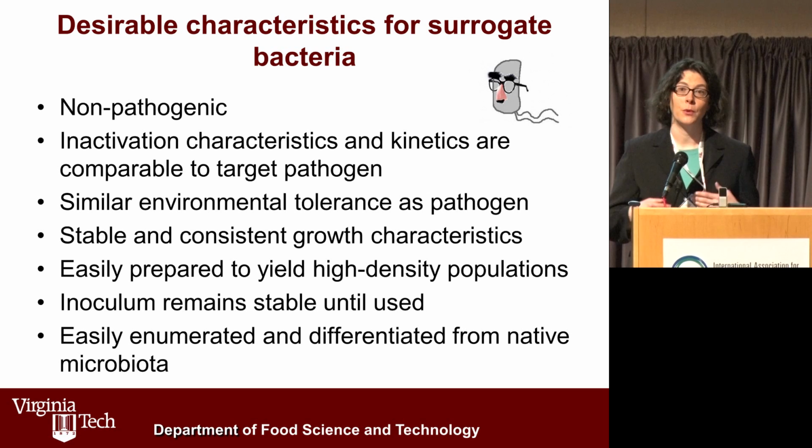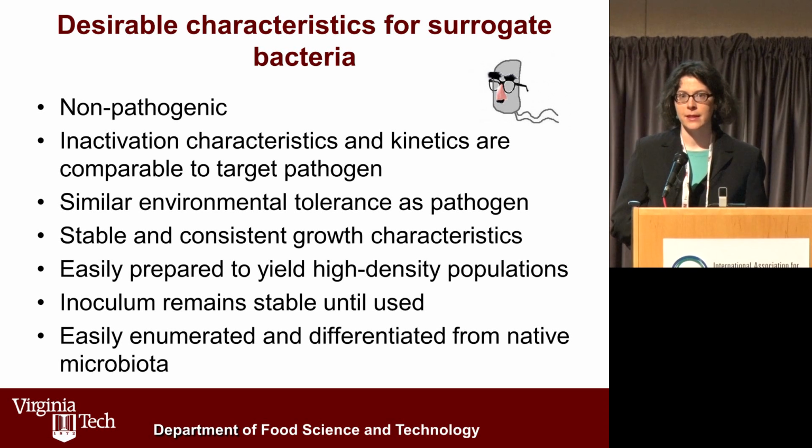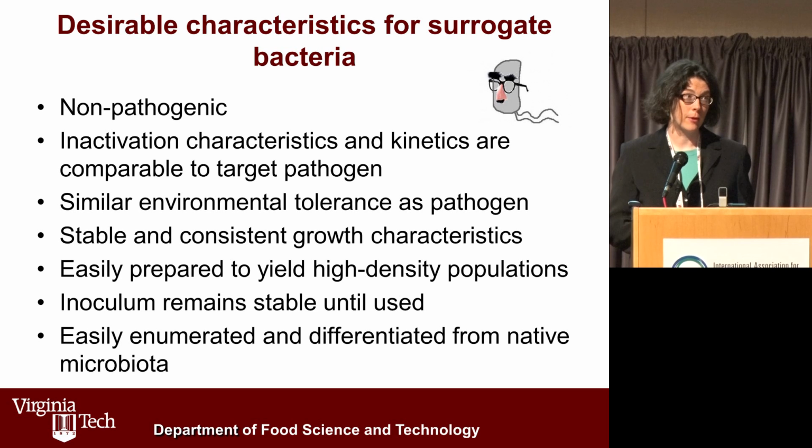So usually when you look at these types of surrogate protocol developments, they're looking for creating that 7-log starting density on the population. And also that your inoculum on your product should remain stable until you use it.